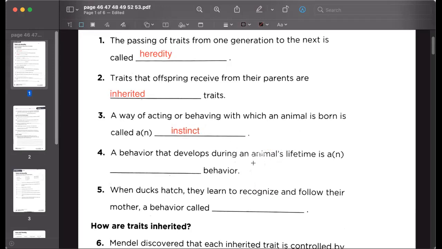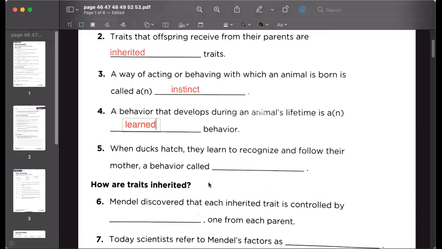Number 4, from your workbook page number 46: a behavior that developed during an animal's lifetime is a dash behavior. So again, it's super easy for you. Learned behaviors.